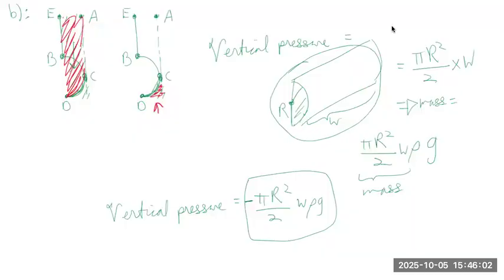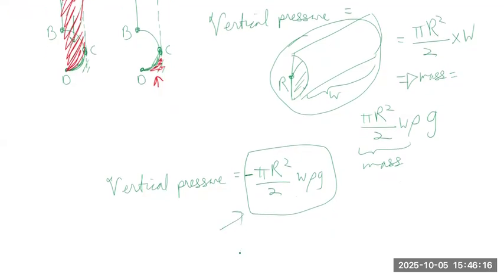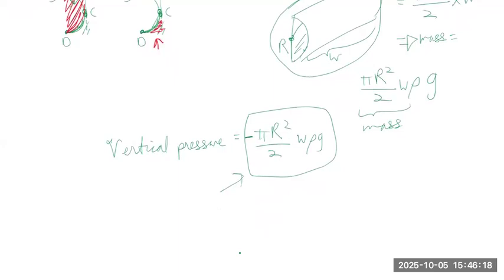So another simpler way of thinking to arrive at this same conclusion, that the vertical pressure must be equal to this value over here, is by thinking about buoyancy.